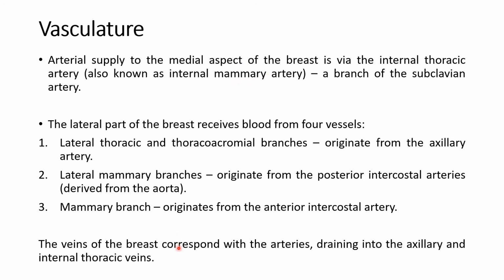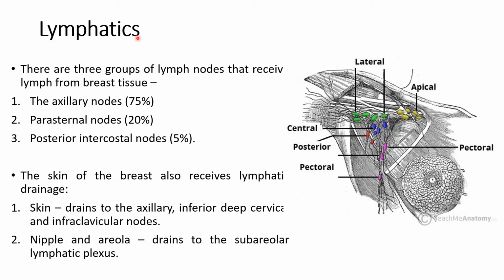The veins of breast correspond with the arteries, draining into axillary and internal thoracic veins. Coming to the lymphatics. The lymphatics are very important in the metastasis of breast cancer. There are 3 groups of lymph nodes that receive lymph from breast tissue. They are axillary lymph nodes, 75%, and parasternal lymph nodes and posterior intercostal lymph nodes, draining 20% and 5% of breast matter.